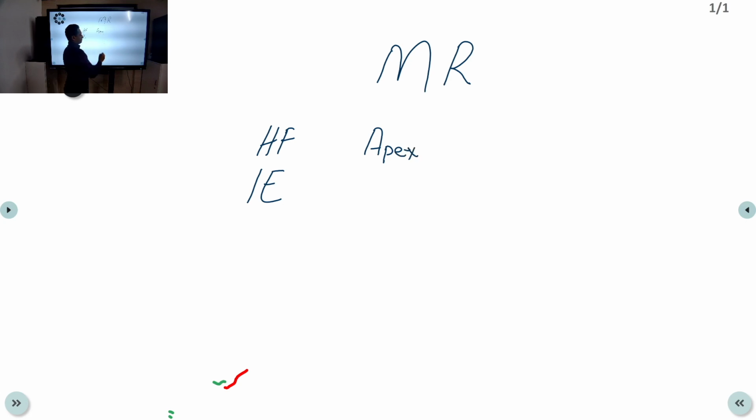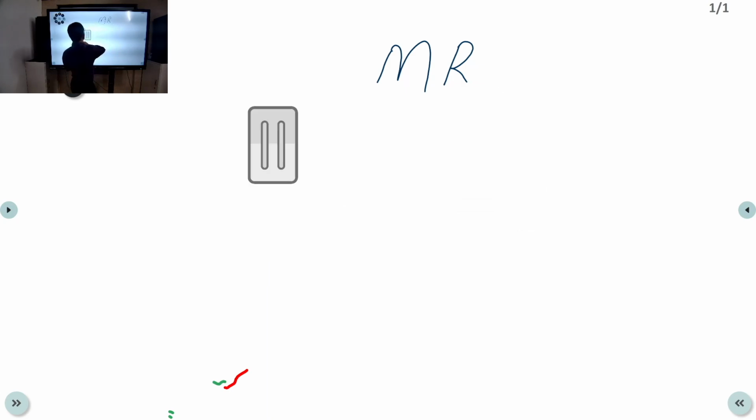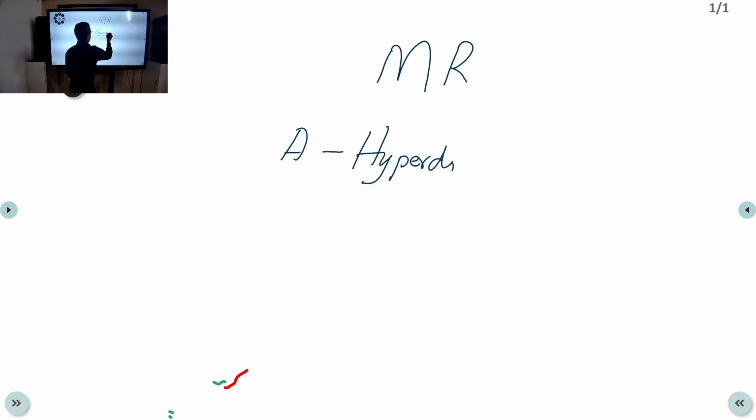You're going to have a hyperdynamic apex, because the left ventricle is shifted down and out.